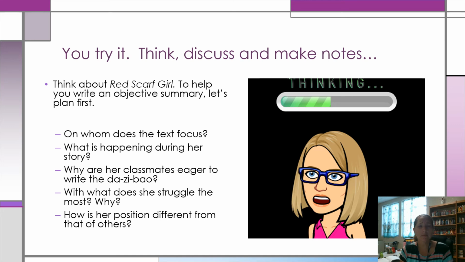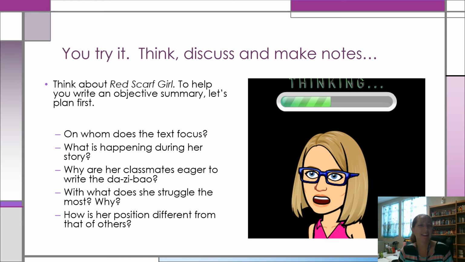Imagine you came into school one day expecting to have a lesson, and instead nobody's there, and you're given huge pieces of paper and you're told to write dazibao criticizing the teachers, okay? So why were her classmates so eager to do that? Okay, I mean, think about it.